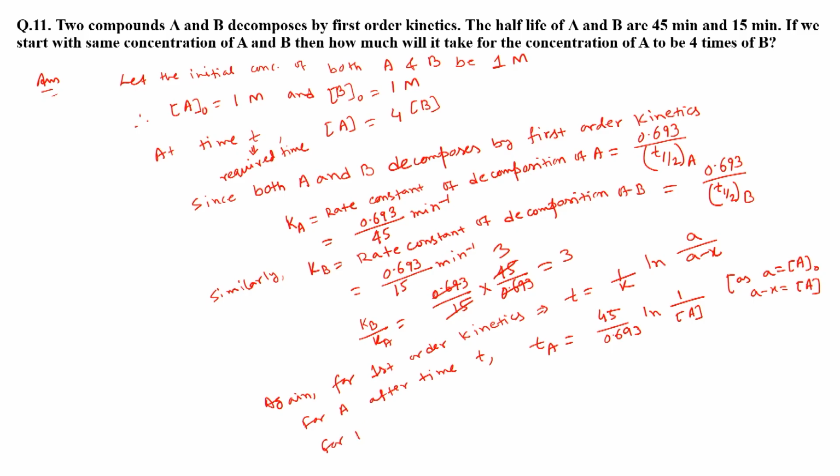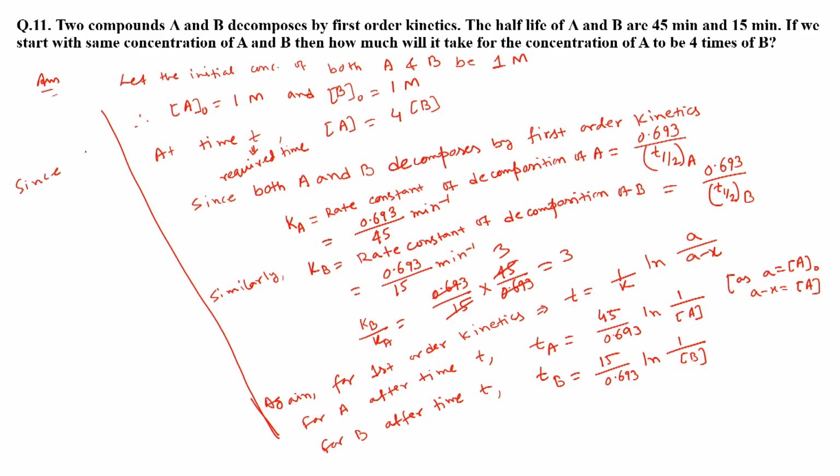Similarly, for B after time t, we write Tb is 15 by 0.693 ln 1 by concentration of B. Right. So, now it says that Ta equals Tb.